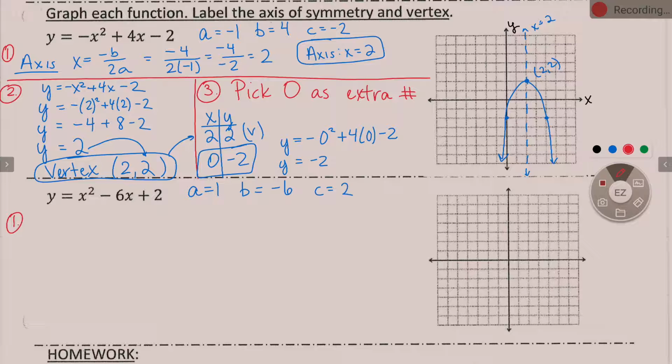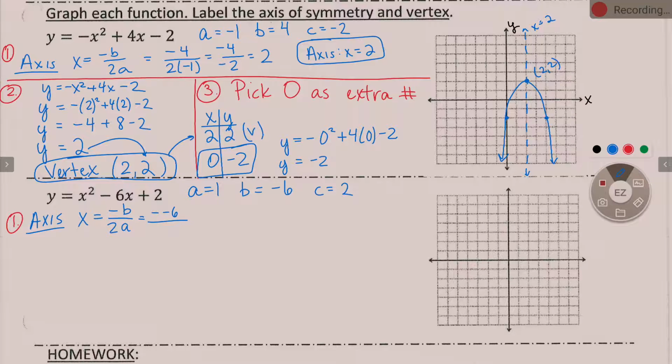Okay, so step 1. Again, we are finding that axis. Formula for the axis of symmetry? Negative b over 2a. Good. x equals negative b over 2a. What's b? 6. Or negative 6. So it's the negative of negative 6, which in my next step is just going to be positive 6.